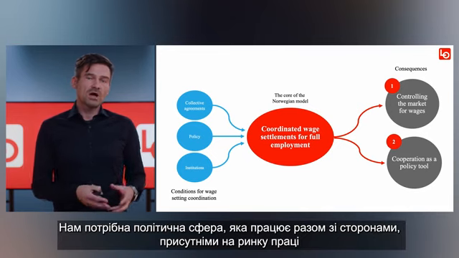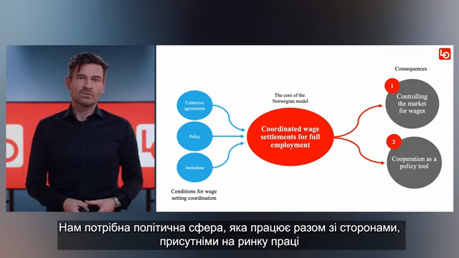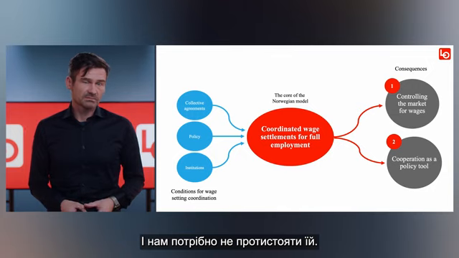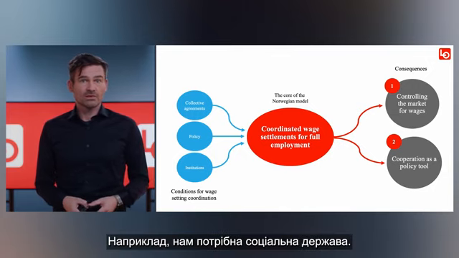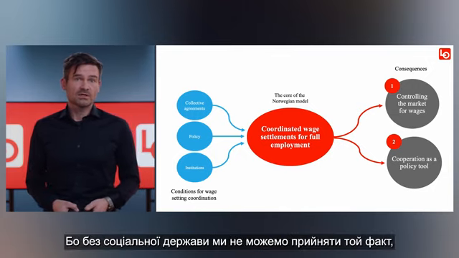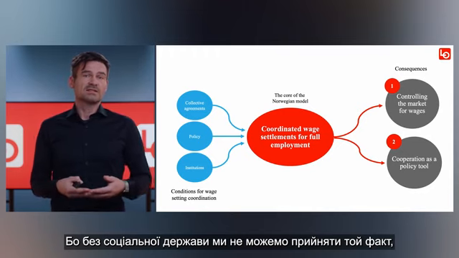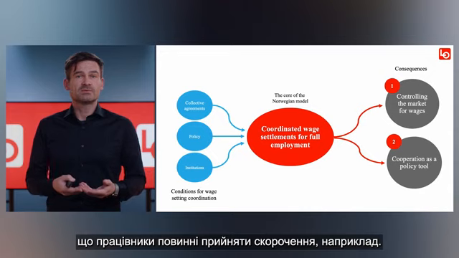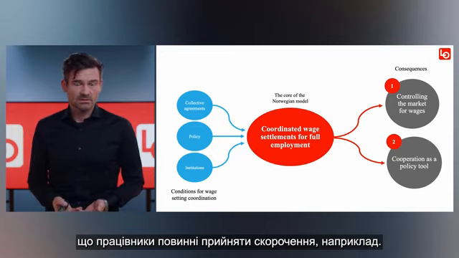We need policy that works together with the parties in the labor market and not opposing them. For example, we need a welfare state, because without the welfare state, we cannot accept that workers should accept downsizing, for example.